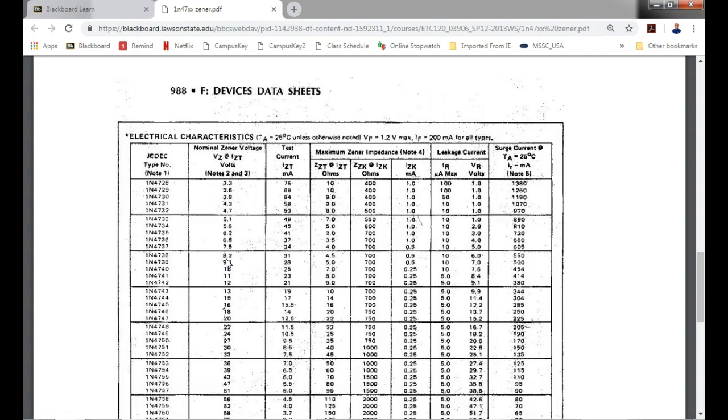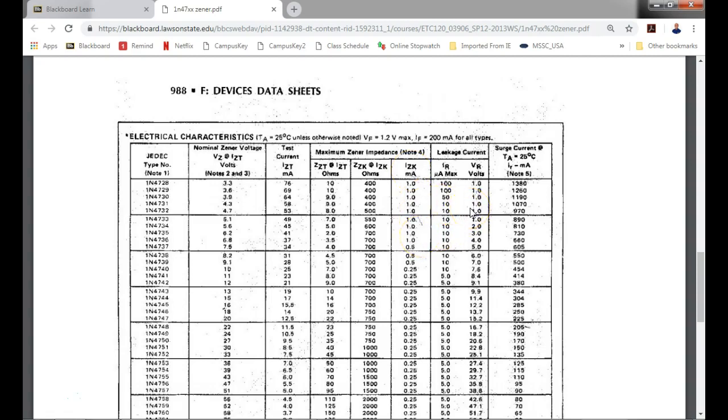Then it gives me the Zener test current, which is 31 milliamps. It gives me my Zener impedance, which is in ohms. There's a note there. It gives me IZK, so we're interested in this because this is our knee current.